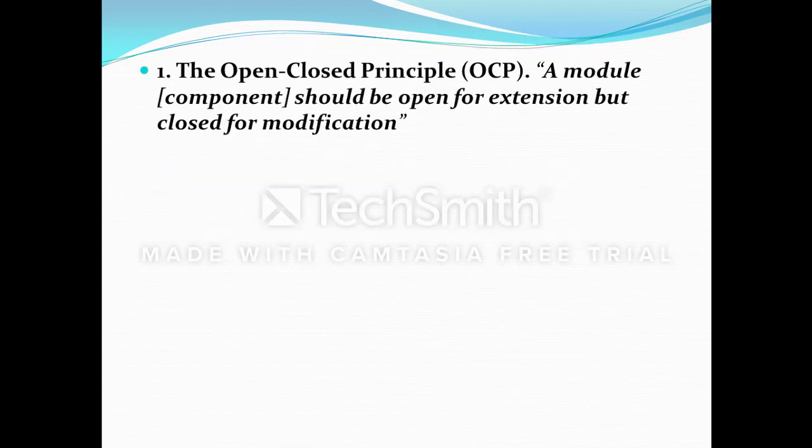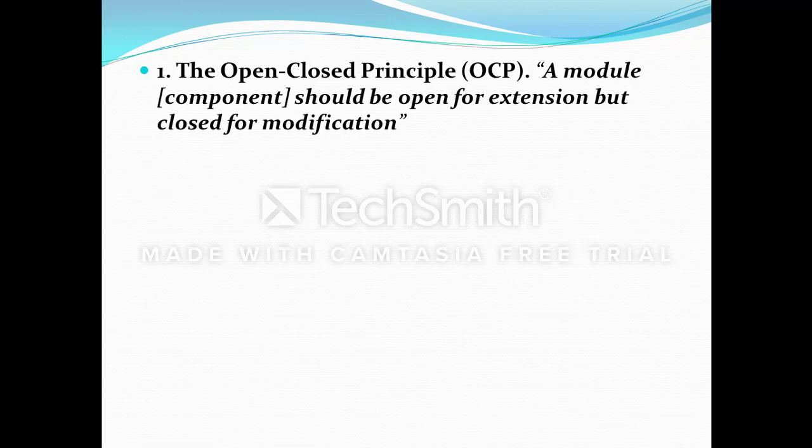So coming to the principles. First one, the open-closed principle, termed as OCP. This principle describes that a module or component should be open for extension but closed for modification.